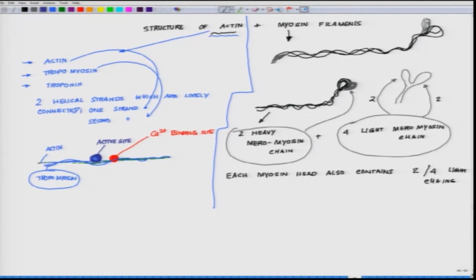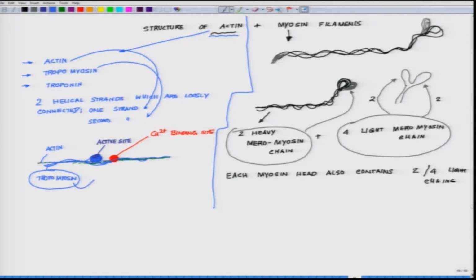An active site is the site where it is interacting with the myosin filament. Okay. And then you have a calcium binding site, right. So, the tropomyosin strand covers the active site under a normal condition. The active site has certain binding pockets, okay. Those are covered by the tropomyosin molecule. It is something like this, okay.